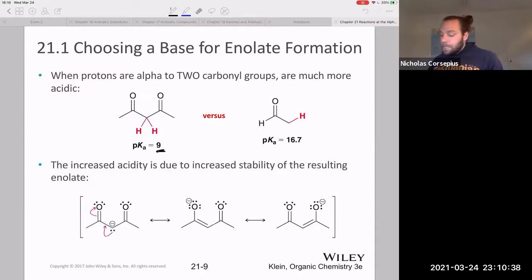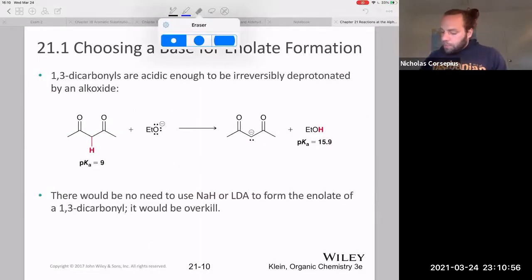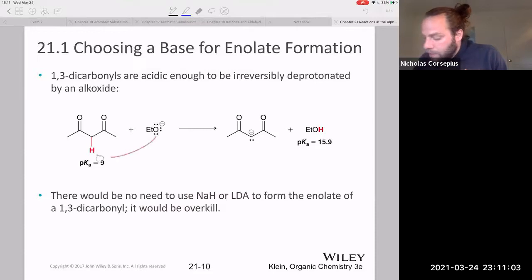And in this case, the enolate ion that's formed, that negative charge can be stabilized not only over the one oxygen, but also over the second oxygen as well, right? So that enolate ion is just that much more stable. So in this case, we really wouldn't need as strong a base as LDA or sodium hydride. We could just use something like an alkoxide ion to readily create our enolate ion.